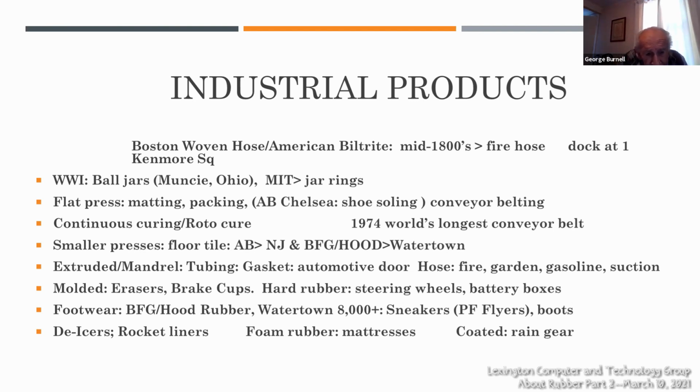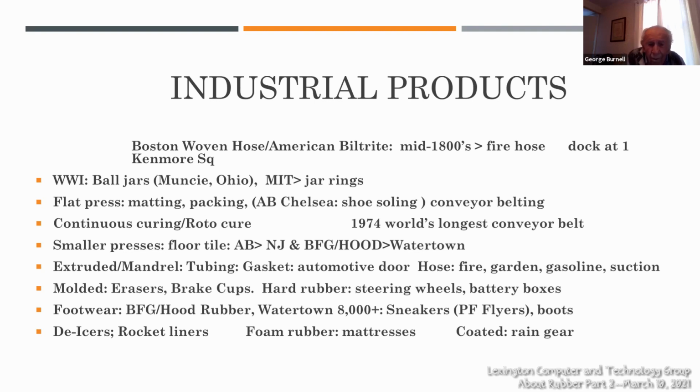So that gets into an evolution of manufacturing, which is the same as every plant goes through. The molded things like erasers and brake cups, but you never think about brake cups. Hard rubber. You've got steering wheels. Until plastic, all steering wheels were a metal frame with a hard rubber casing.